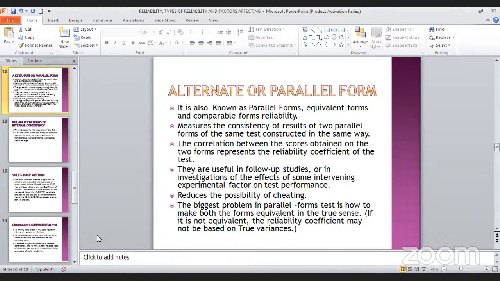It is common in school leaving examinations, and in bank selection you can take alternate form. It is generally used for power tests.